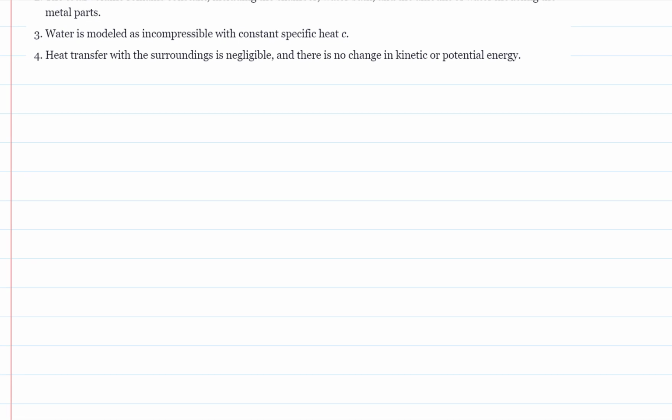So we take the entire water bath as the system. The energy balance on the system can be expressed as delta E equals Q minus W. Delta E is the internal energy change plus kinetic energy change plus potential energy change.